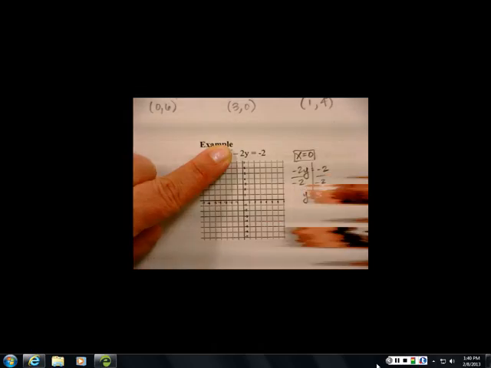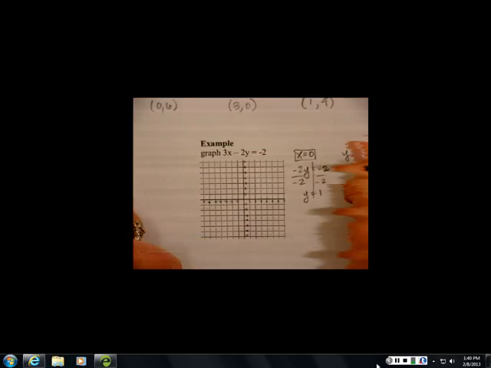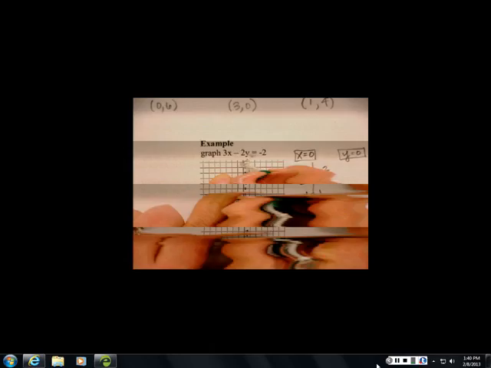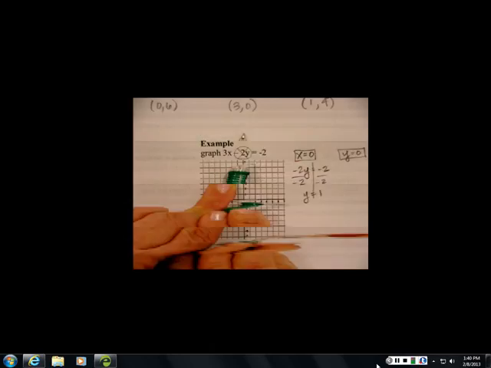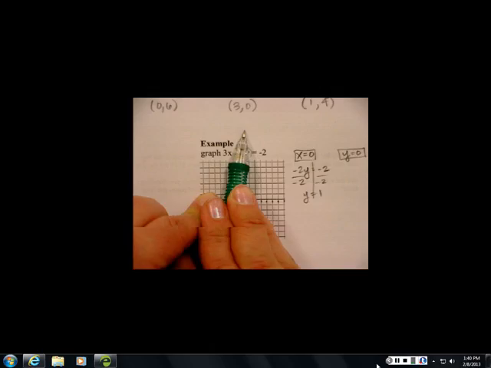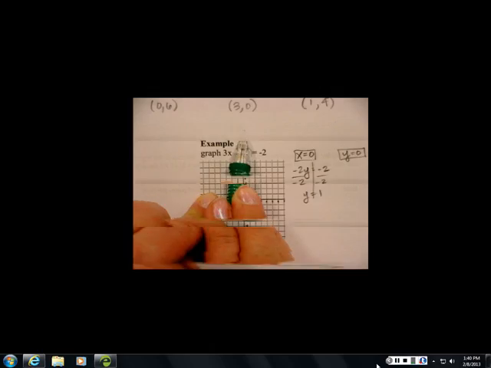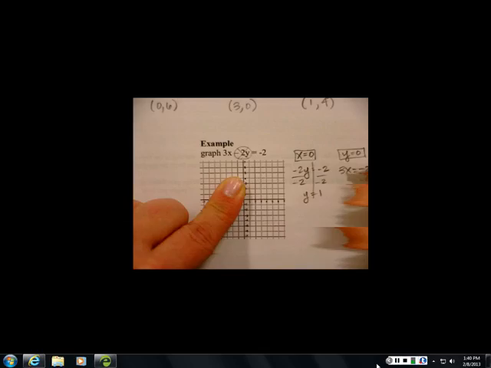Similarly, when y equals 0, this whole piece here falls out. So if I cover it up, what I'm left with is 3x equals negative 2. Divide both sides by 3, and I get x equals 2/3.